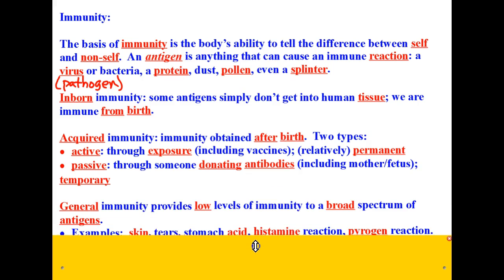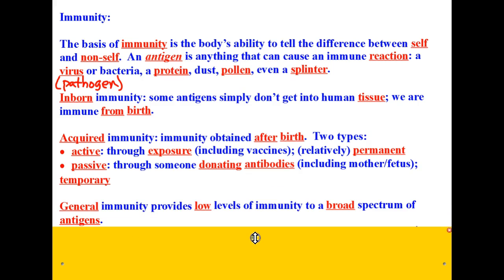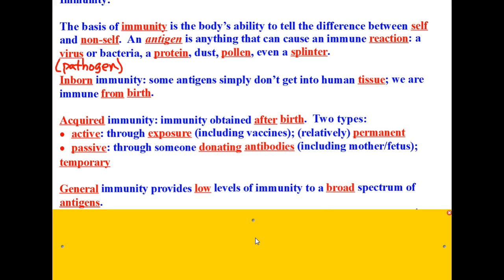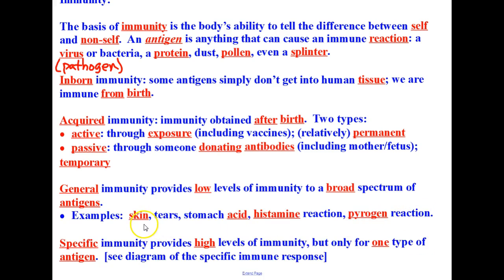General immunity provides low levels of immunity to a broad spectrum of antigens. Examples of how general immunity is attained is through the skin, blocking out antigens, tears, stomach acid killing antigens, histamine reactions, and pyrogen reactions.